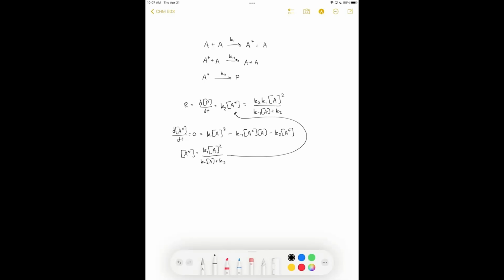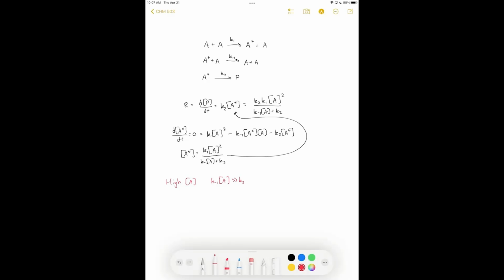So what happens to this rate as a function of A? At high A concentrations, K minus 1 times the concentration of A is going to be much greater than K2.